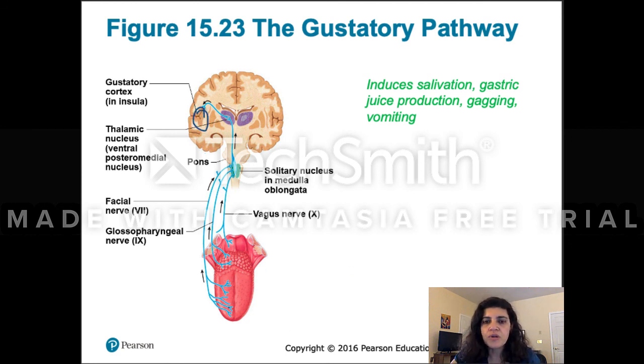So neurons from the vagus, glossopharyngeal, and facial nerves travel through the pons, thalamus, and then gustatory cortex. And it induces salivation, gastric juice production, gagging, and vomiting, all also controlled by these nerves, okay?